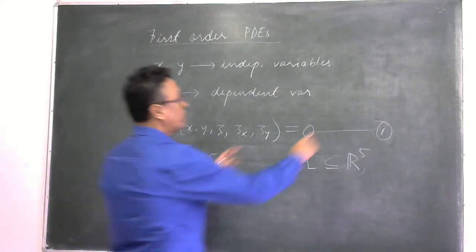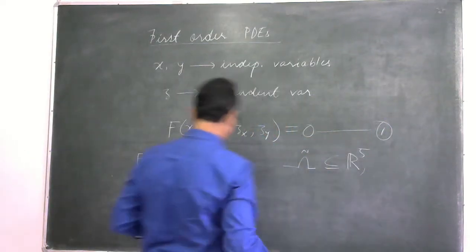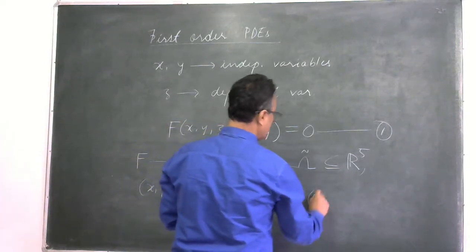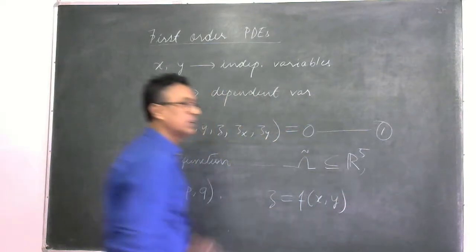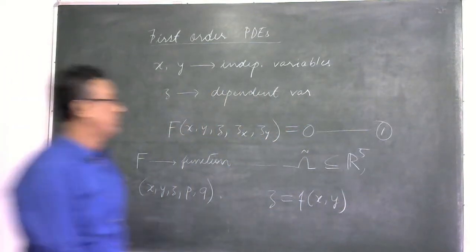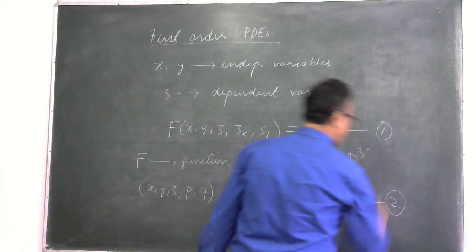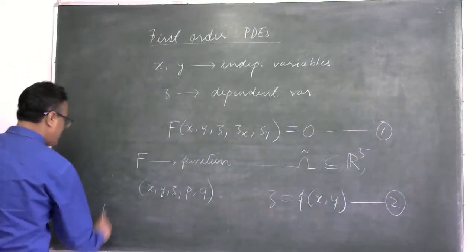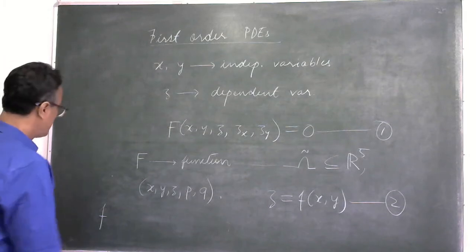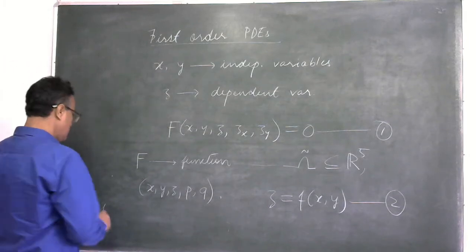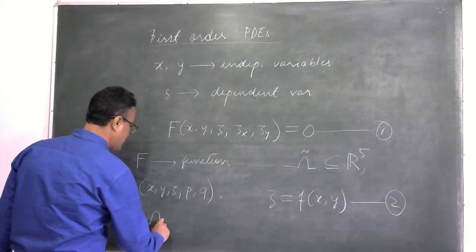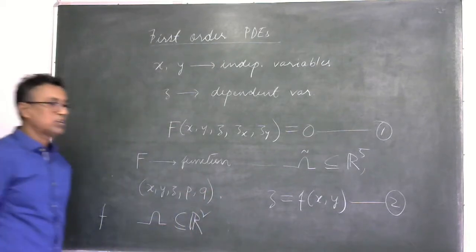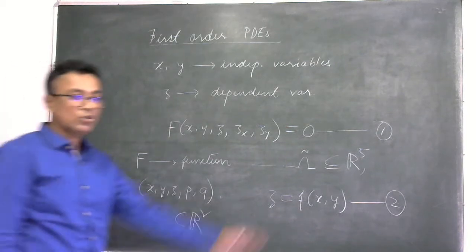And then a solution of 1 is going to be of the form z equal to f of x, y. Suppose you call it 2, where f is a function defined in some domain omega in R^2. Is it okay with everybody?